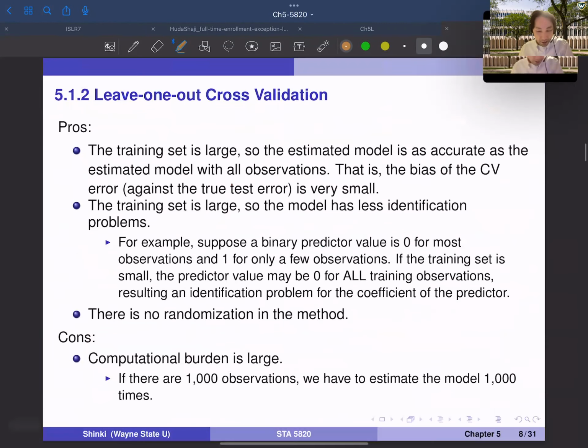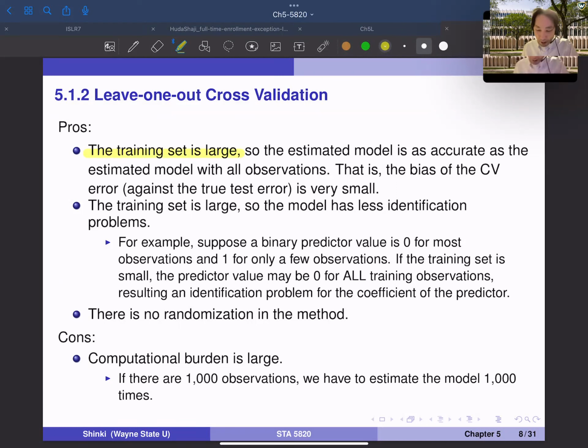Again, here I summarized some pros and cons, with a little more detailed explanation. For leave one out cross-validation, one good thing is the training set is large, so the estimated model is as accurate as the estimated model with all observations.